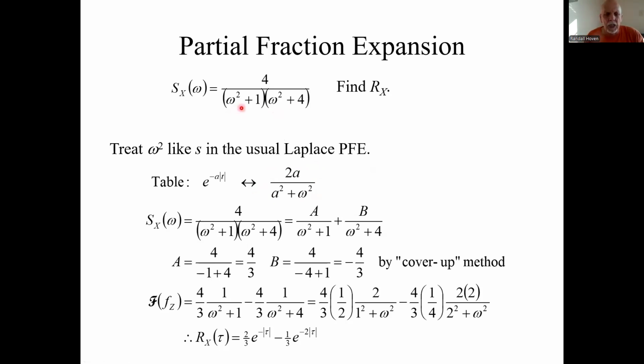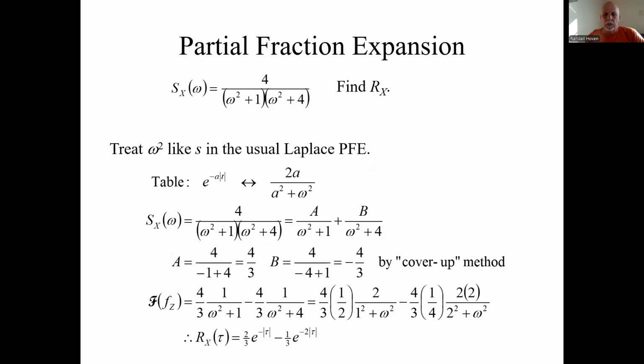So you're only going to see even powers of omega. Anyway, if you compare that denominator to this form in the Fourier table, that's that kind of factor: omega squared plus a squared, or omega squared plus 4 here and plus 1 here.